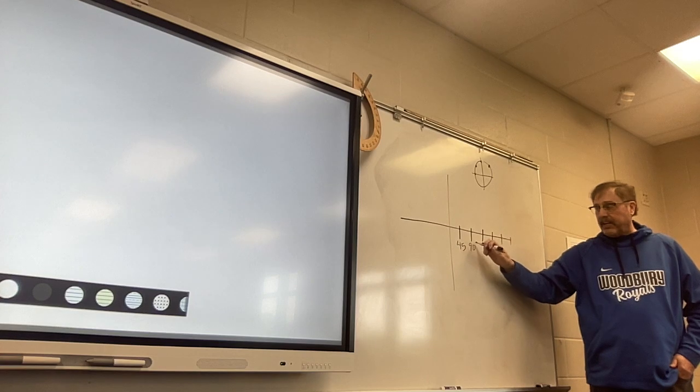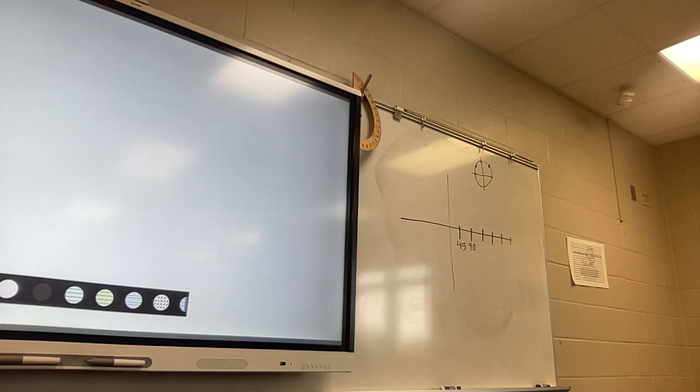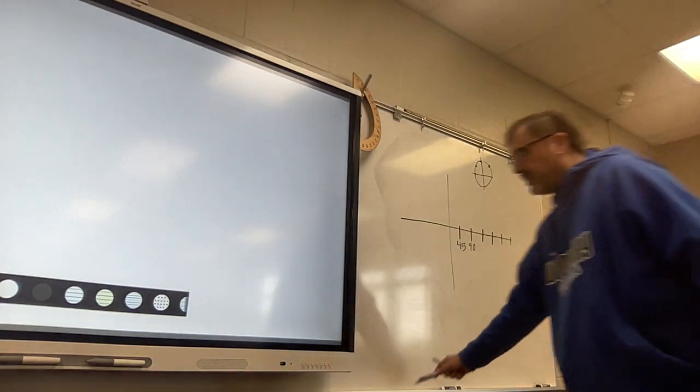Next one over, 90. And you don't need to put degrees. It's awesome to label, of course. However, when you see 45s and 90s in trigonometry, it implies that we are in degrees.